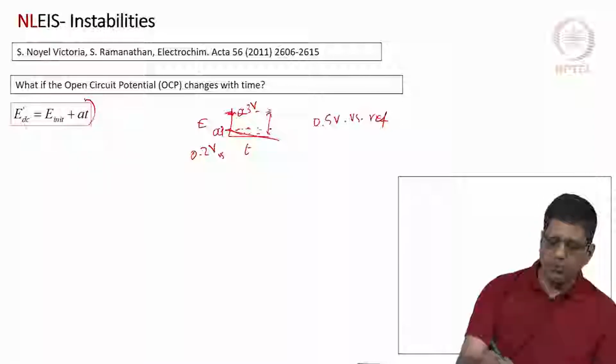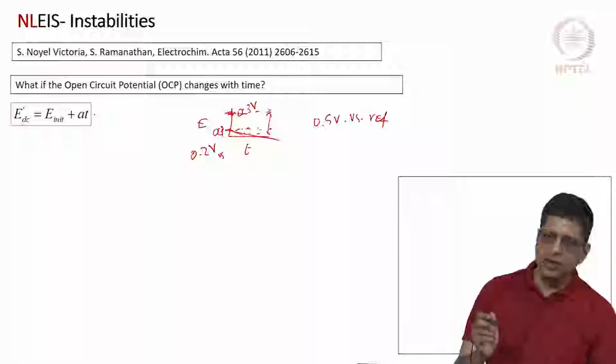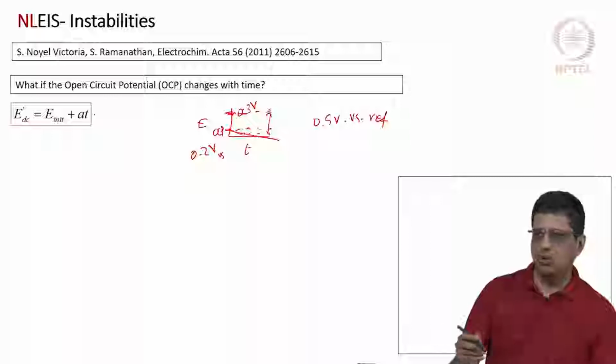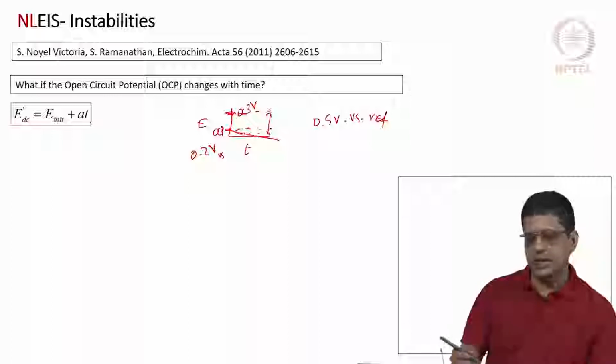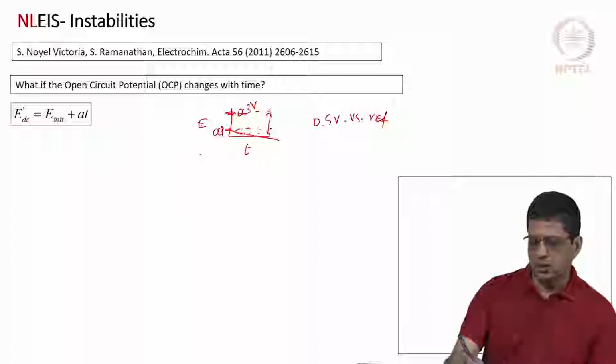So, this is one example, and this probably works when it changes linearly with time. It changes at a slow rate, but over a period of time it continues to change. It is not likely, in practical cases it is not likely that it will change linearly at a fast rate and continue to change linearly. Okay. So, this is one possibility.